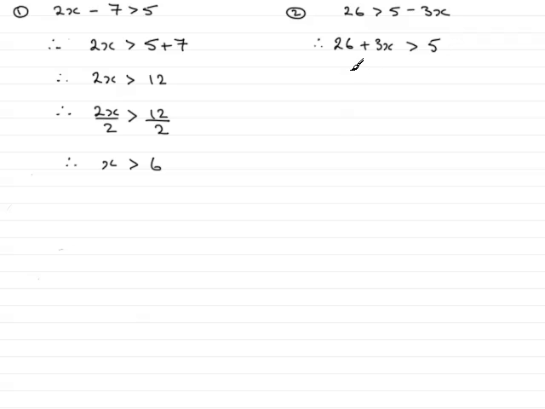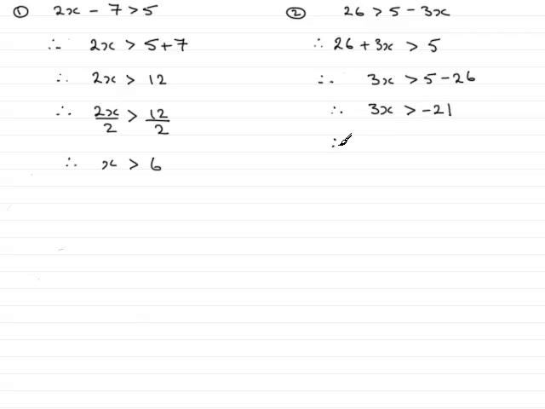Next, I would want to subtract 26 from both sides, so therefore I would have 3x is greater than 5 minus 26. In other words, 3x is greater than minus 21.